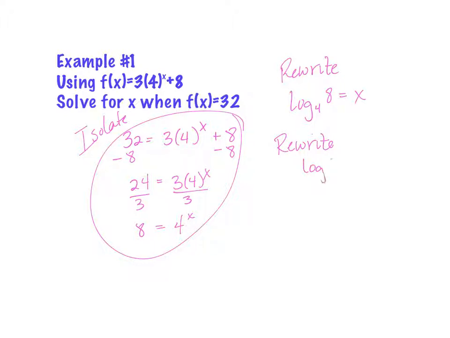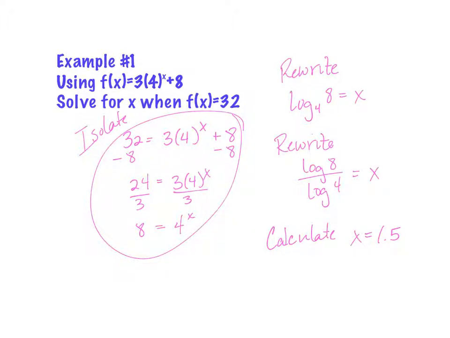Log 8 over log 4. And then it's just a matter of putting it in the calculator and closing your parentheses. So log 8, close the parentheses, divided by log 4, close the parentheses, x equals 1.5.